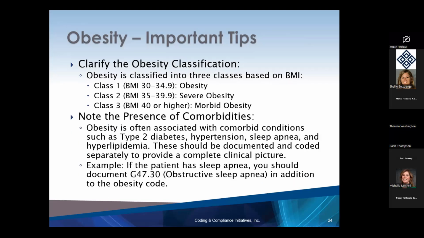Make sure that you include any comorbidities or underlying conditions that are impacted by the obesity. So again, let's say that you're seeing a patient, they come in to be seen for knee pain, but their obesity is impacting the pain of the knee.